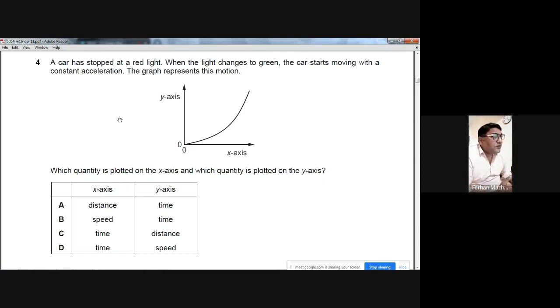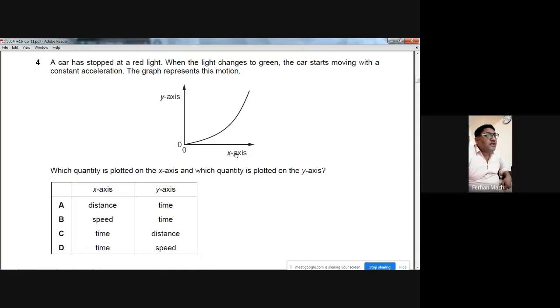Which quantity is plotted on the x-axis and which quantity is plotted on the y-axis? On the x-axis, we should have time. For a body moving with a constant acceleration, if we had drawn a speed-time graph, it would have been a straight line, but this graph is curved.